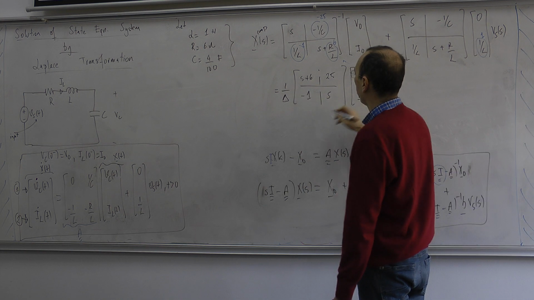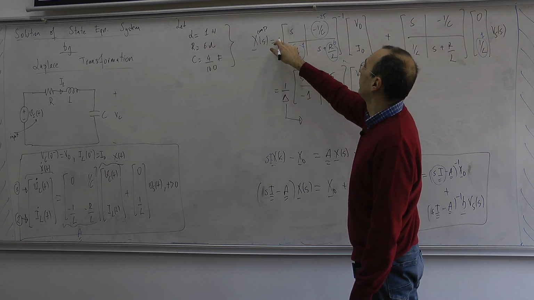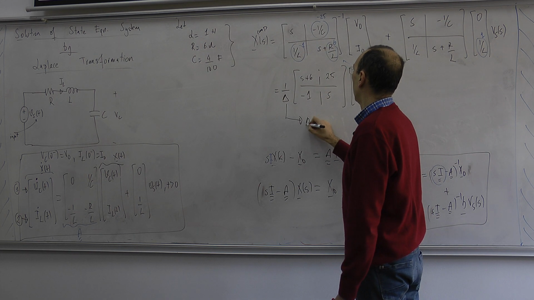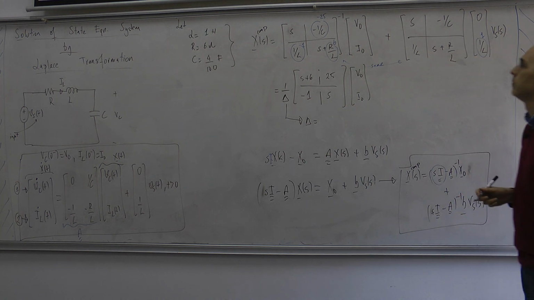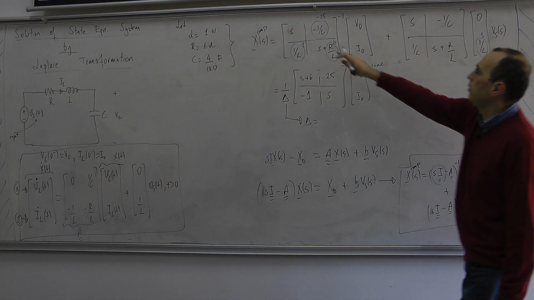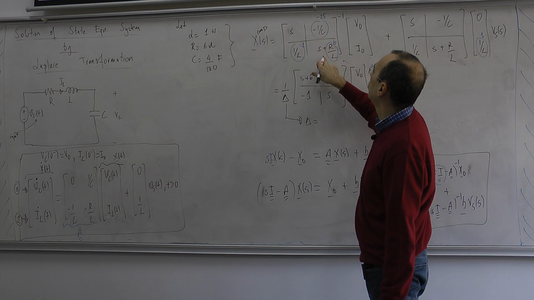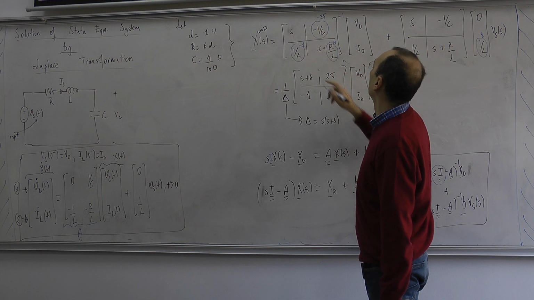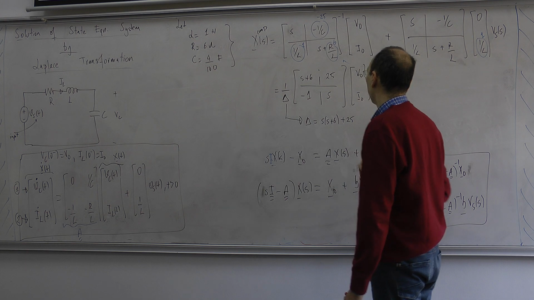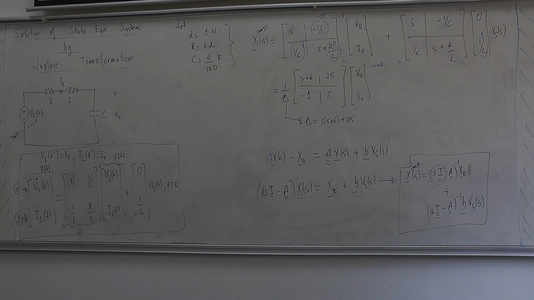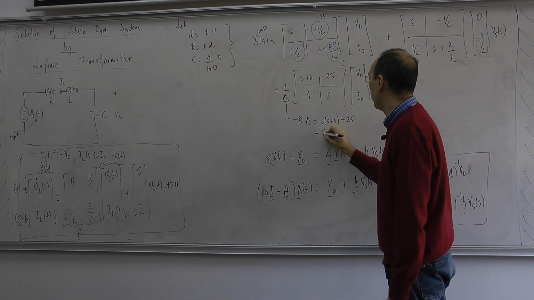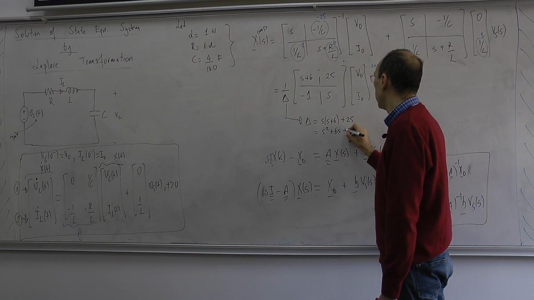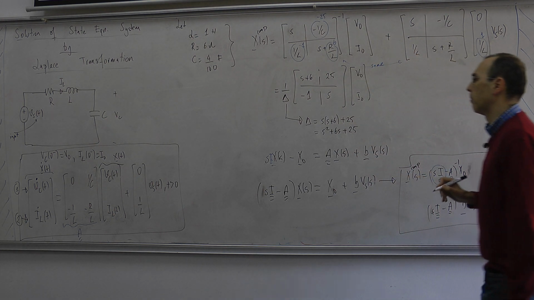So what is this delta? Delta is the determinant of this original matrix that I'm inverting. So I'm inverting sI minus A. Its determinant is s times (s plus 6) plus 25. So let me write it a little further: s squared plus 6s plus 25.